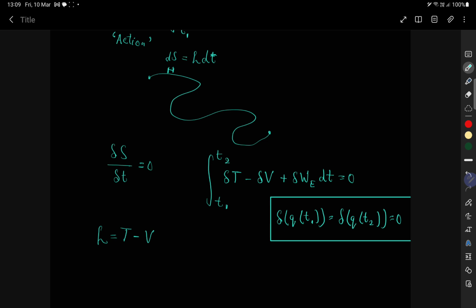So anything else that you may refer to with external work is not useful. So you may add this WE term only when there's a fixed path that you need to follow, or when your object or body, or system of bodies, is experiencing friction or resistance. But otherwise you can omit this term and just use L equals T minus V.